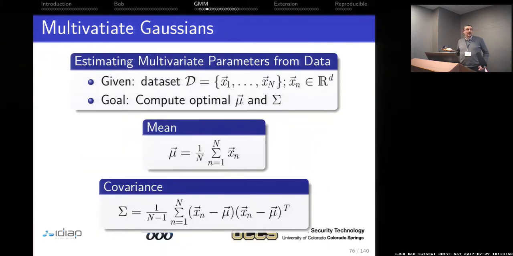And estimating these parameters is exactly the same as for one-dimensional. It's just multidimensional. So the mean is just the average of the features. And for the covariance matrix you subtract the mean, multiply that with its transpose and sum that up. So this can be done analytically. There is no problem with that.